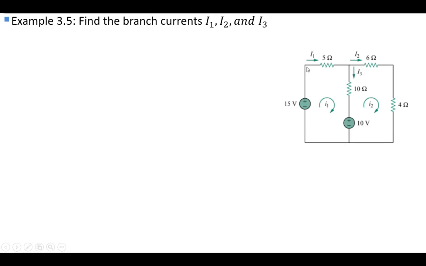We can start from this point, come to this point, then this point, and this point, and again this point. There's one mesh here and another mesh here, so there are two meshes. This means we'll need two simultaneous equations. Obviously there are two unknown variables, I1 and I2. Remember, these are mesh currents, not branch currents.